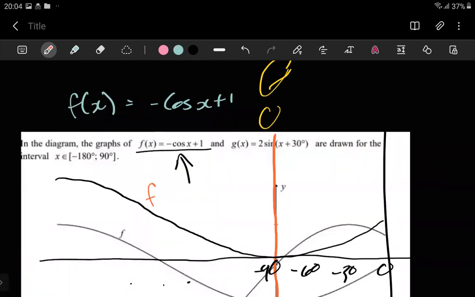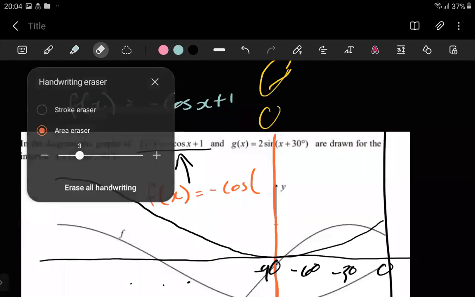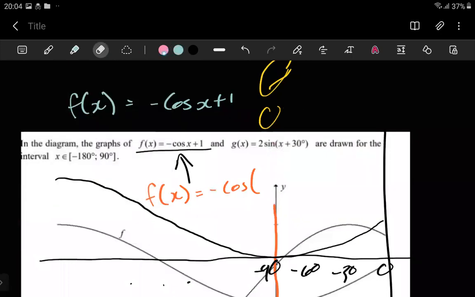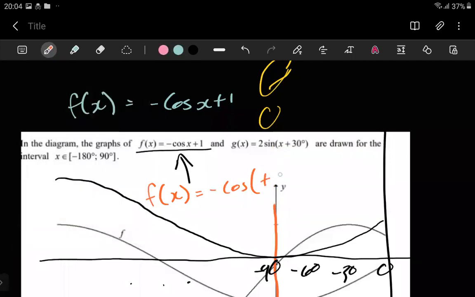If this graph was moved 90 degrees to the left, then your new graph would be equal to negative cos, and since it's moving to the left, we need to have x plus 90, and then plus 1, like that.